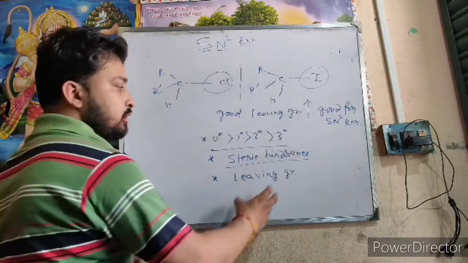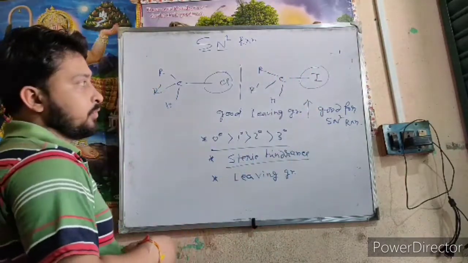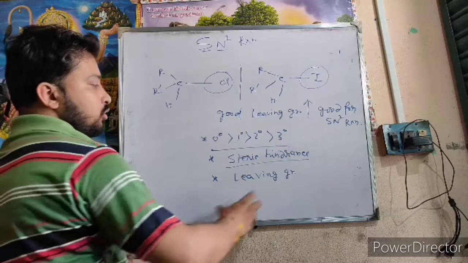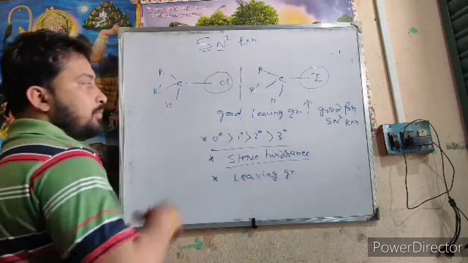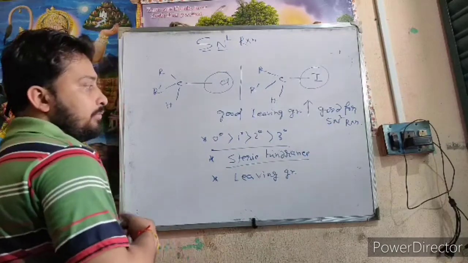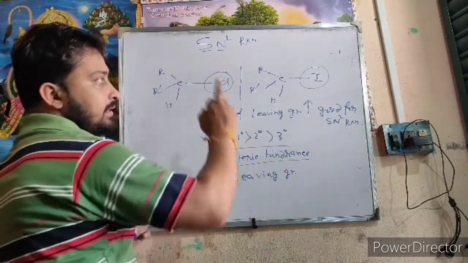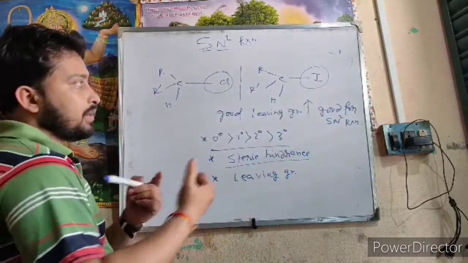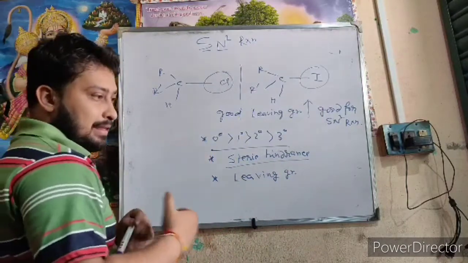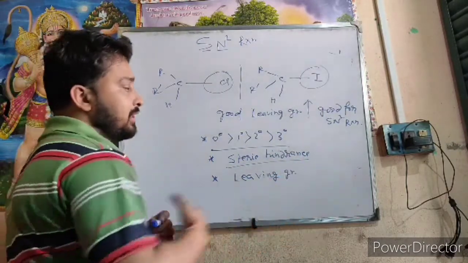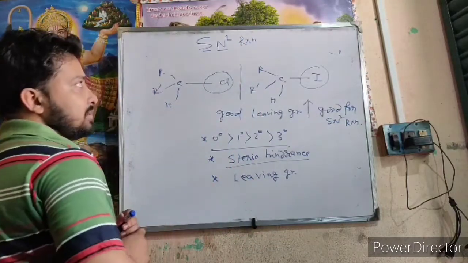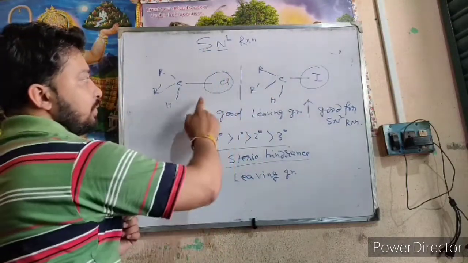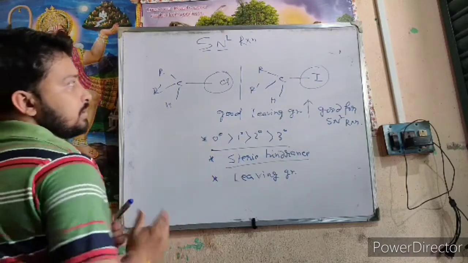If the bond length is high, the leaving group is good, because to break the bond we use minimum force. The radius of that atom is high, so the bond length is high. For this reason, when we compare chlorine and iodine, iodine has a larger radius and larger bond length, so iodine is the good leaving group, and that's why this group shows good SN2 reaction compared to this. So this is the simple SN2 reaction.